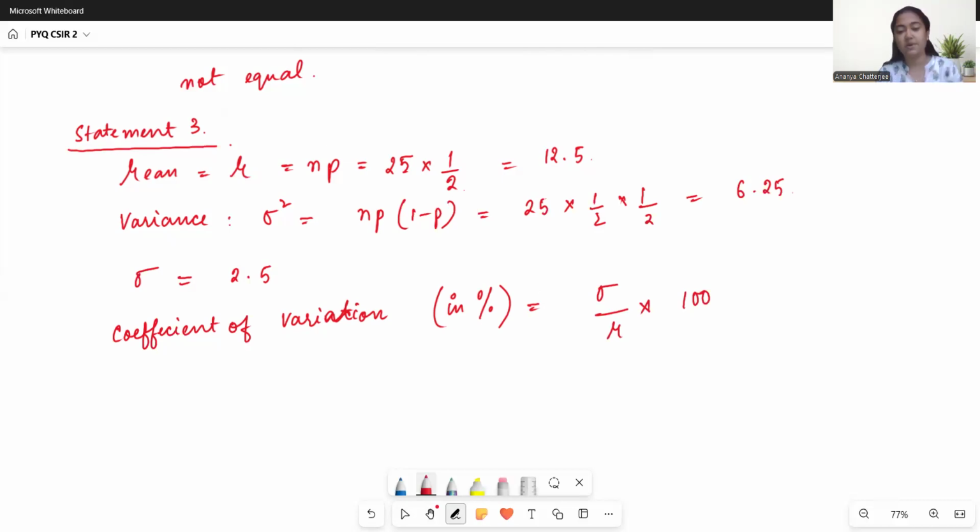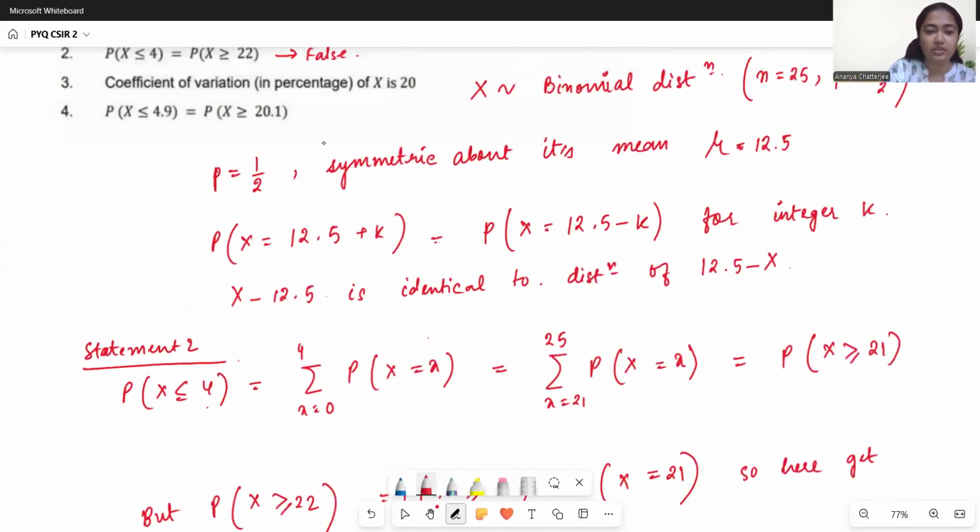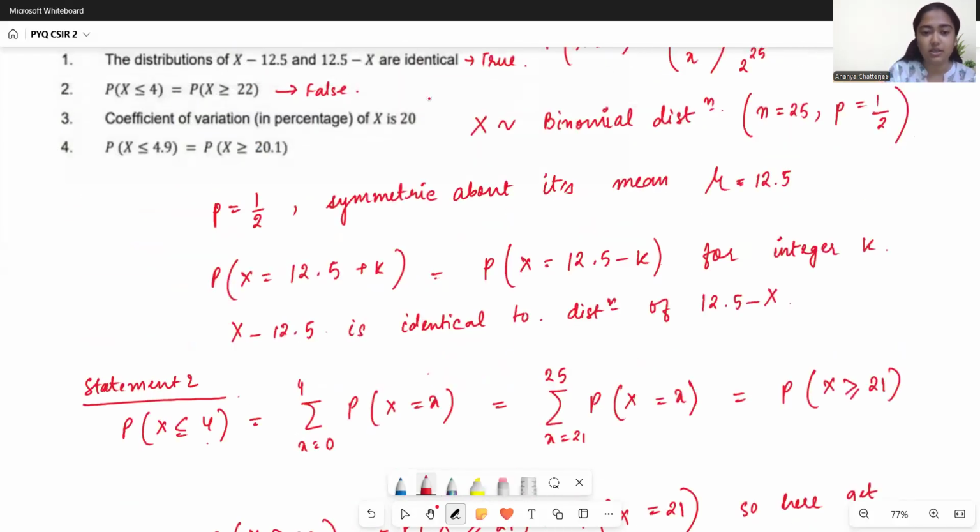We know the value of sigma is 2.5 and the value of mu is 12.5, into 100. Now the value of this is 20%. The statement was given as 20, so by this we can say that this statement is true.